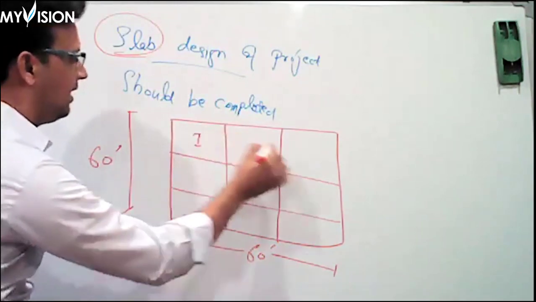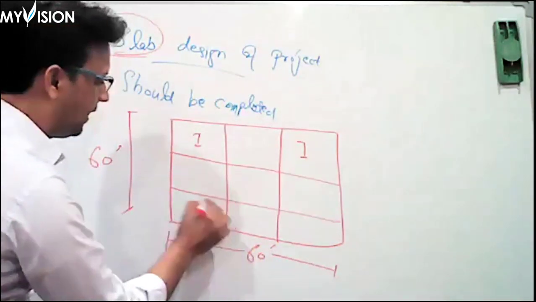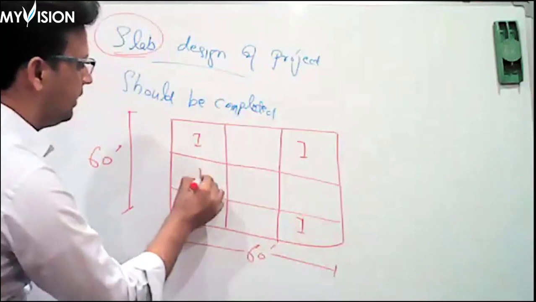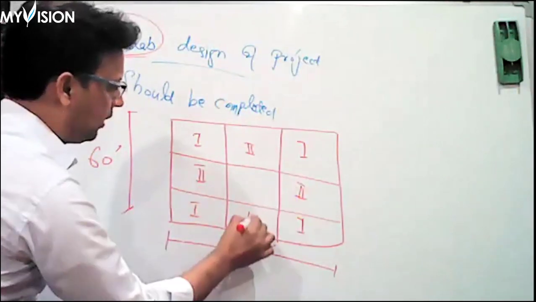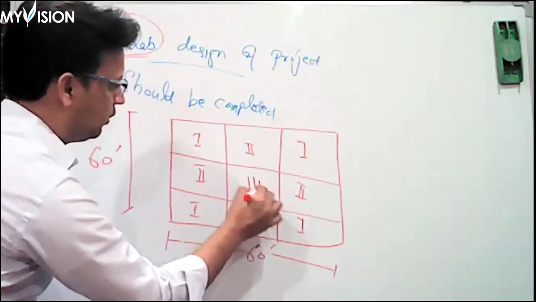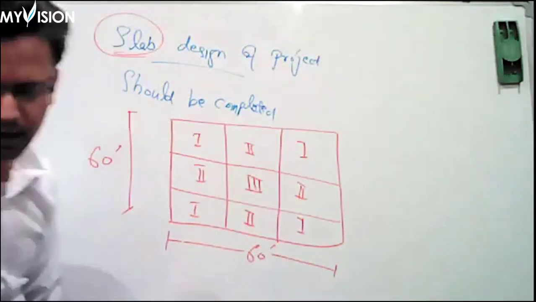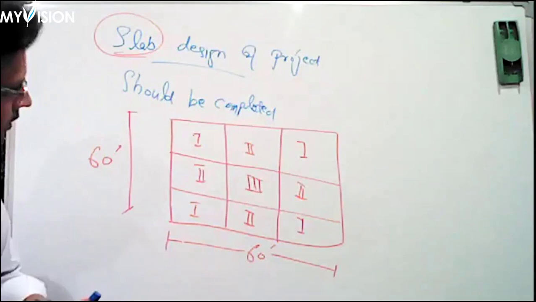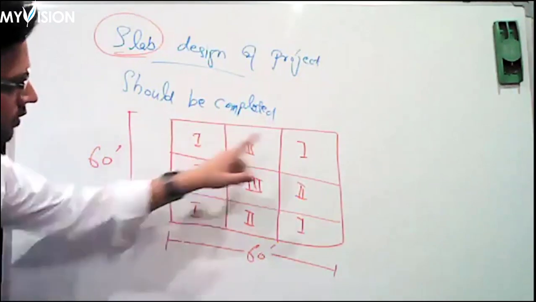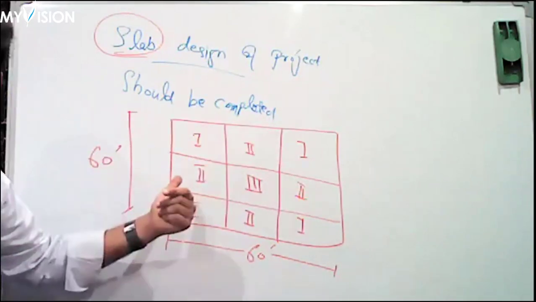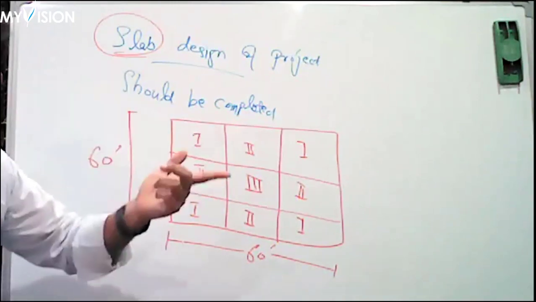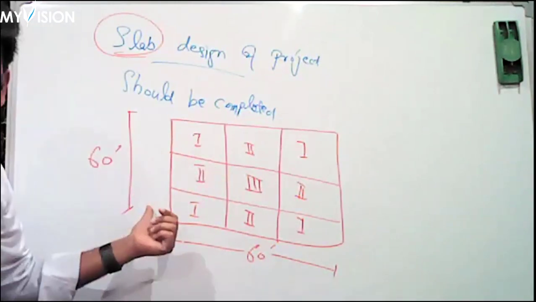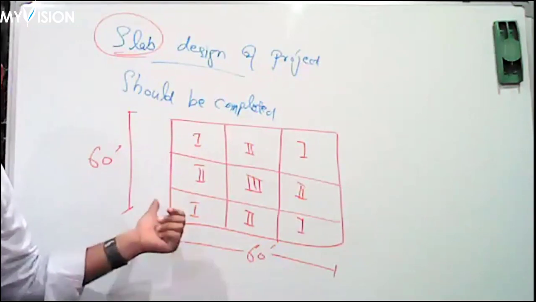This is panel 1, as I told you. This will be panel 2. And this will be your panel 3. Clear? You have to design 3 panels inside it. All the data was given to you in the previous chapter, chapter number 3, where I assigned you this project.